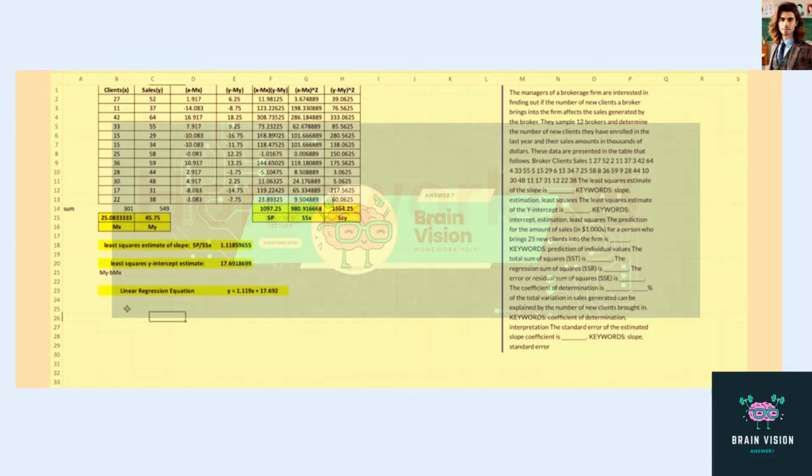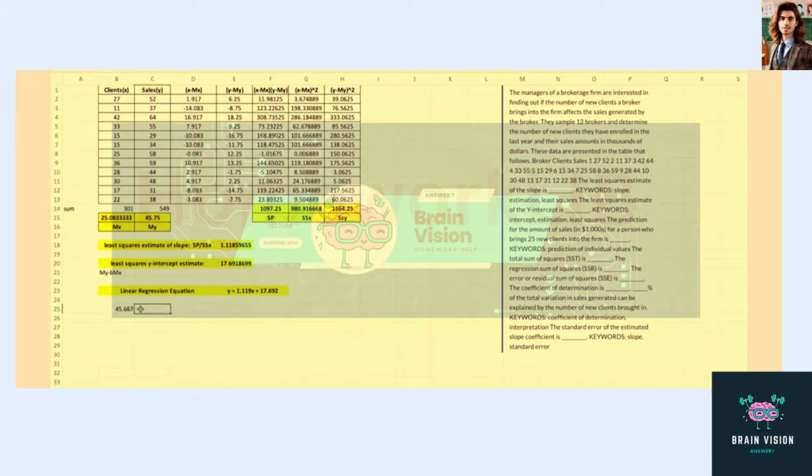Okay. So I'm going to put equals and, in parentheses, 1.119 times 25, and then add 17.692.